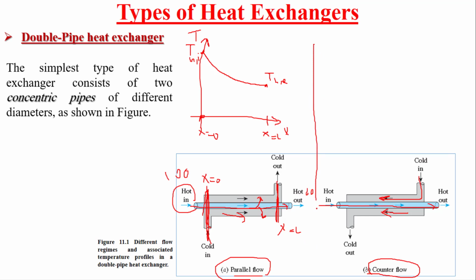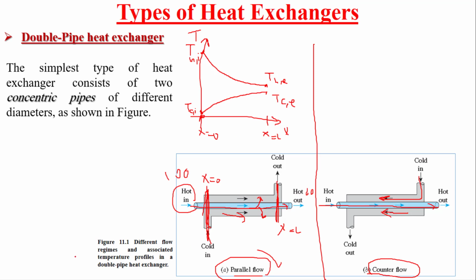Now we are talking about the parallel scenario. The cold fluid entered from this location with very low temperature, so this is the cold inlet. And what will happen? It will gain temperature, so its temperature will increase logarithmically until it reaches a certain value.